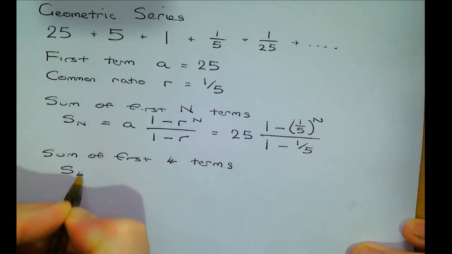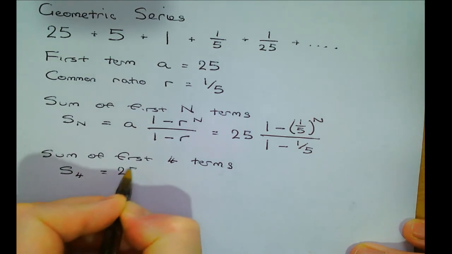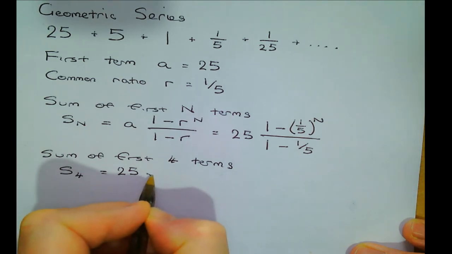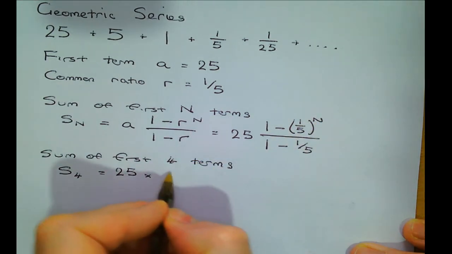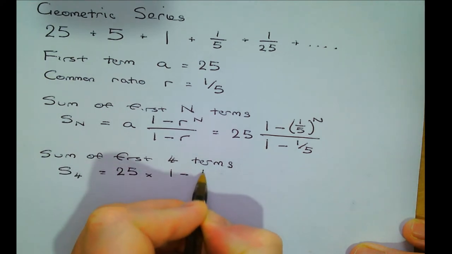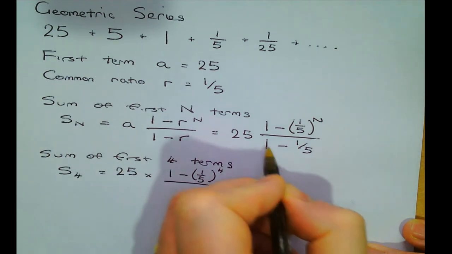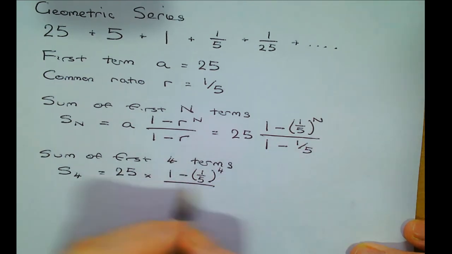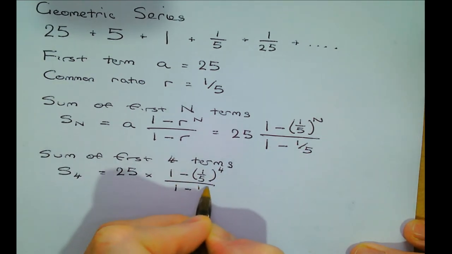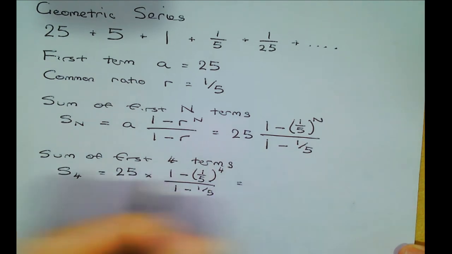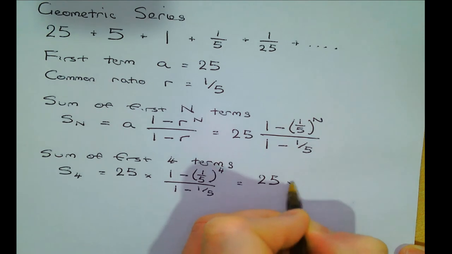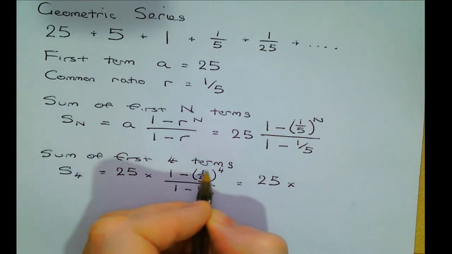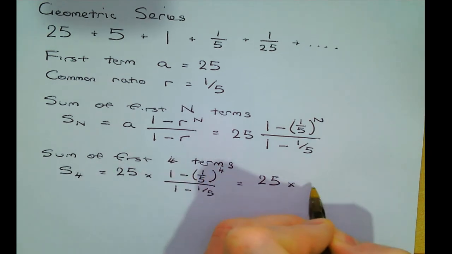So S4 will be 25 times 1 minus 1/5 to the power 4, divided by 1 minus 1/5. What we'll have here is 25 times 1 minus 1 over 625.